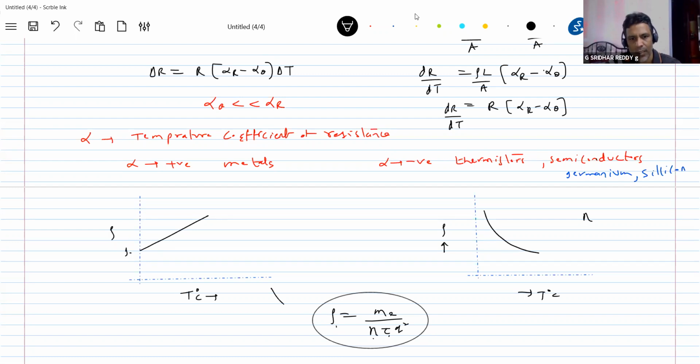In case of semiconductors, though tau changes, it has negligible effect, but eta will increase by a large amount. Rho will decrease and the conductivity will increase. The number of charge carriers will increase. In case of thermistors, they have a negative temperature coefficient of resistance.